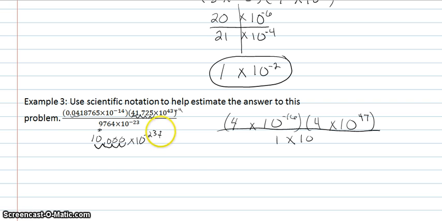So that's going to be plus 4, so it's to the negative 19th. Okay, then I'll go ahead and multiply my tops together. So I'll have 16 times 10, and then I'll add my negative 16 and my 47, so it'll be a 31. That's over 1 times 10 to the negative 19.